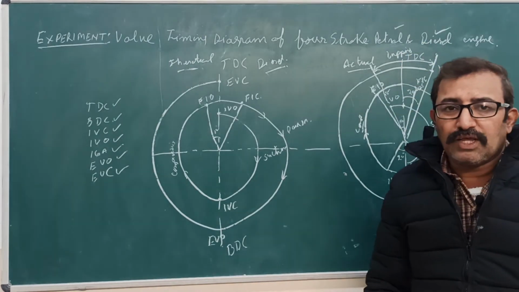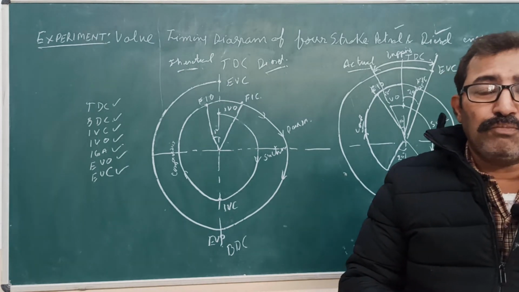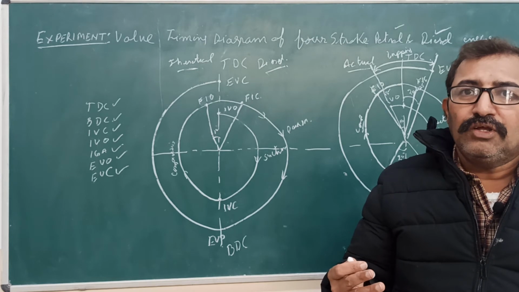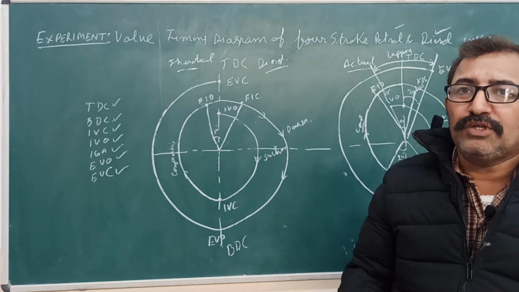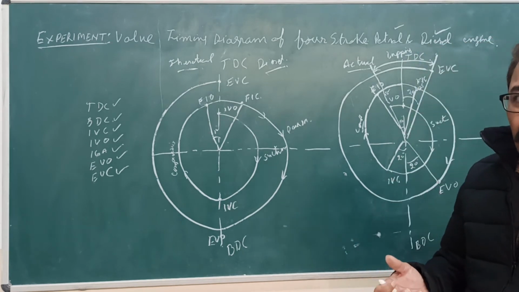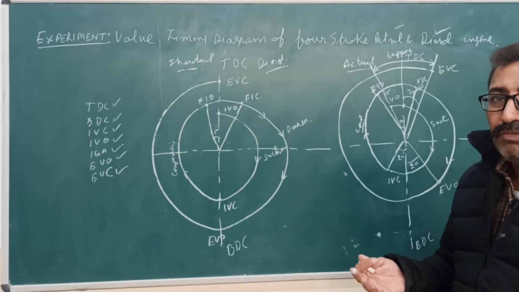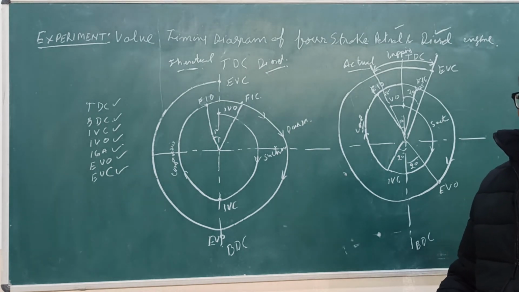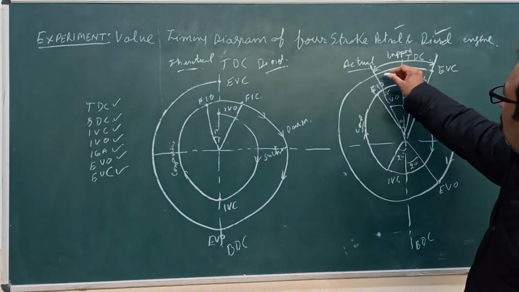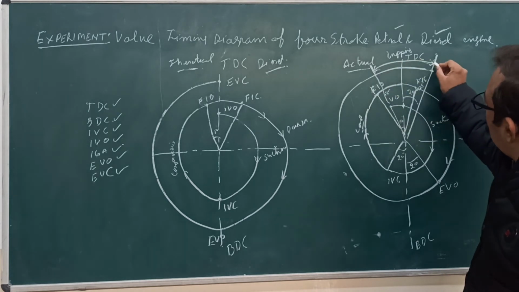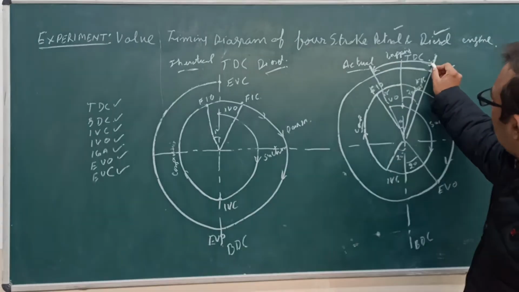Lapping is actually scavenging process in which burnt gas is released from the combustion chamber, and during suction stroke you can get the maximum volume of air or air fuel mixture inside the combustion chamber. So from this point to this point, this is called lapping.